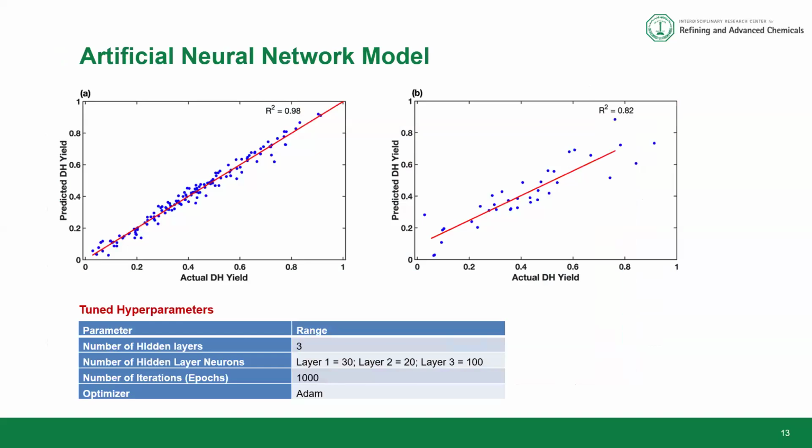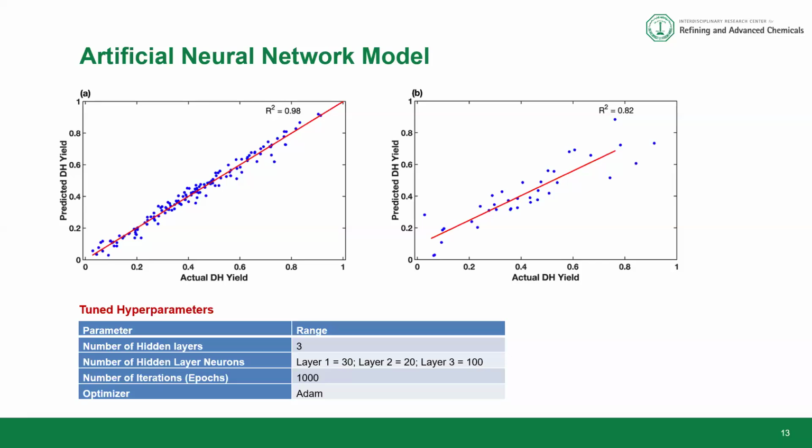So we tried to minimize the slides by not showing how the models were trained and developed. However, here we present one of the models, which is the artificial neural network model. First, you can see the tuned hyperparameters.